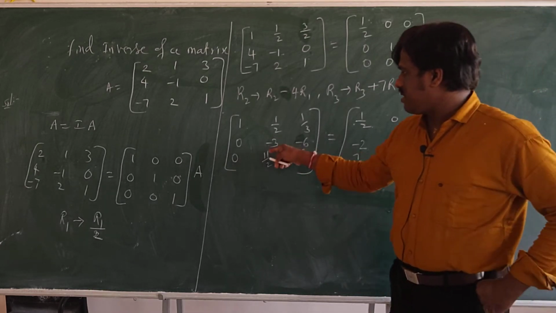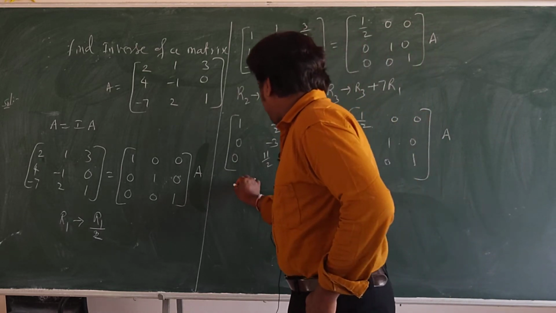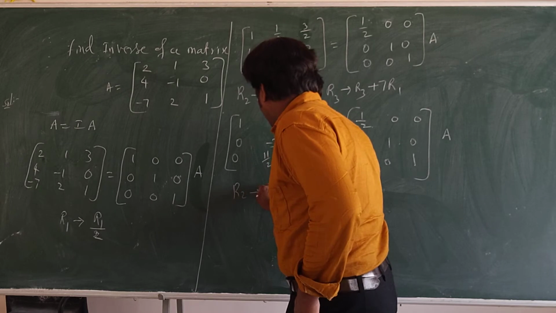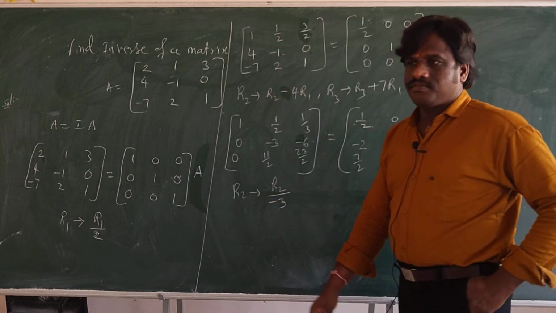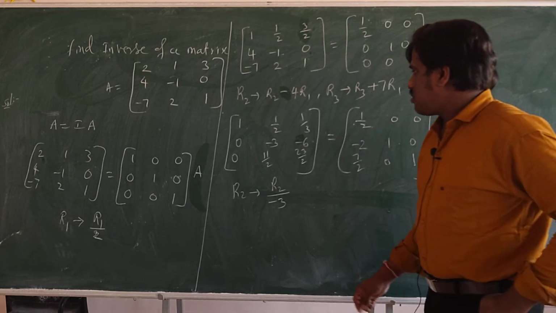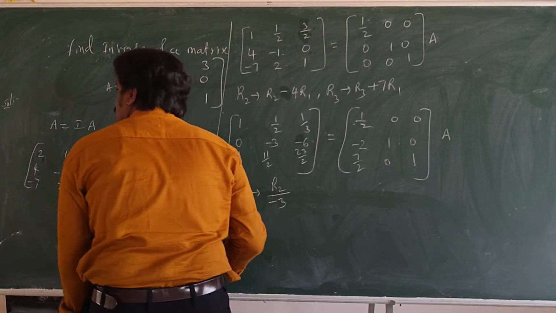Next, our target is what? This we have to make 1. So what do we do? R2 implies R2 by minus 3. Right? So what do I get here? 1, 0, 0.